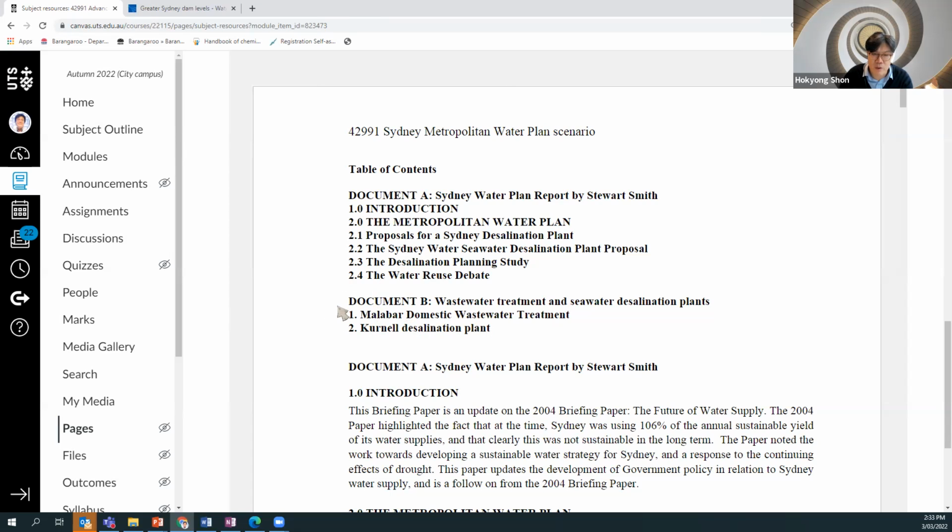What's the wastewater quality? What's the seawater quality? What's the concentration of different design water indicators can be obtained from this document B. So when you design the seawater desalination and the wastewater reuse, you can collect your basic information to design your assessment 2 and 3 from the document B.